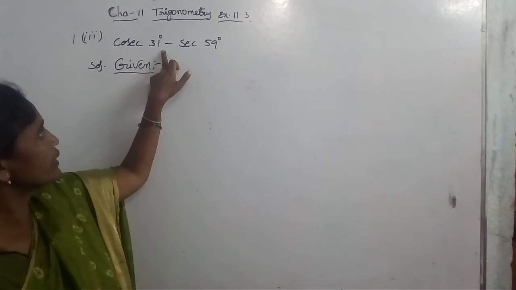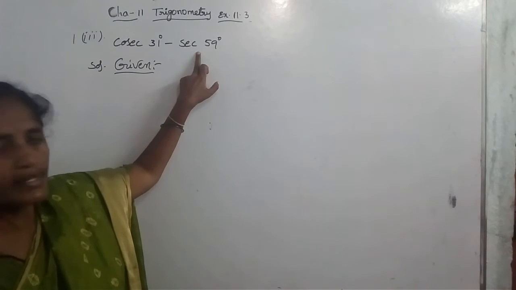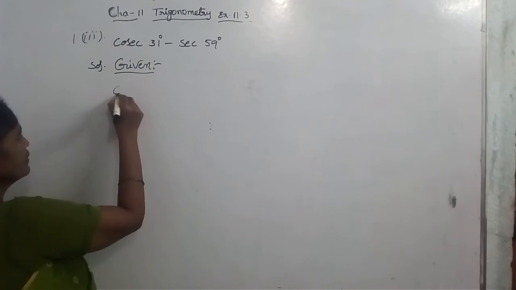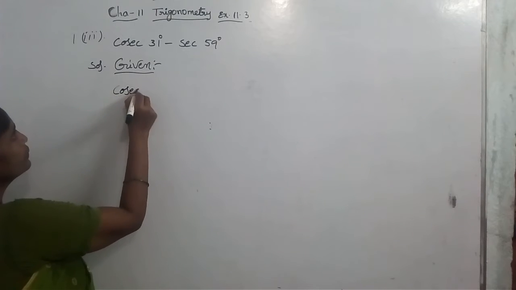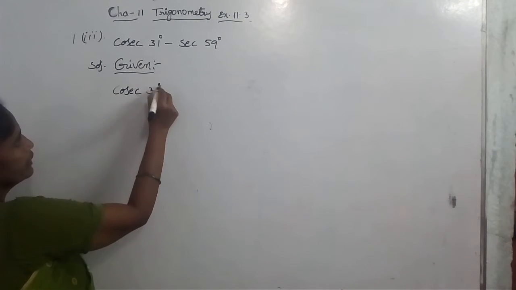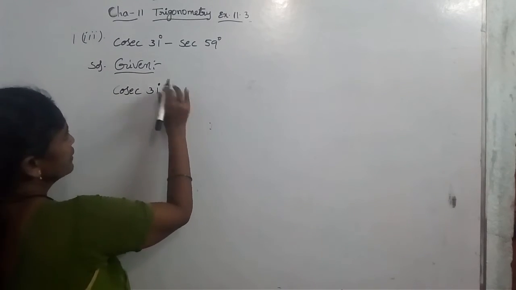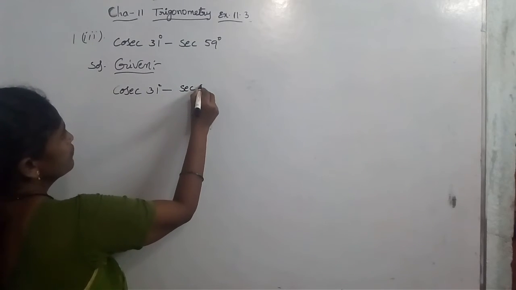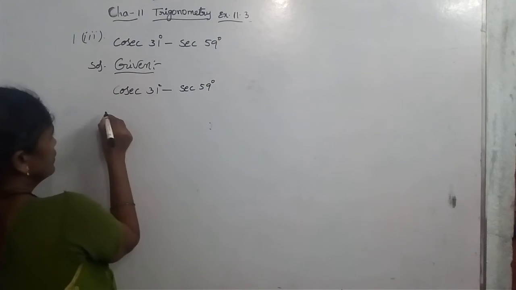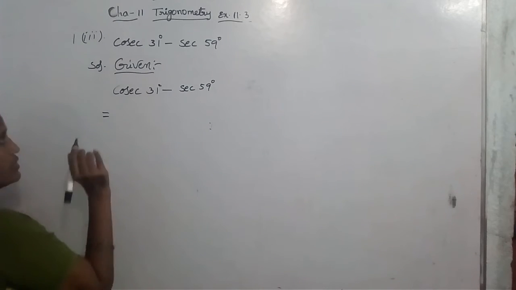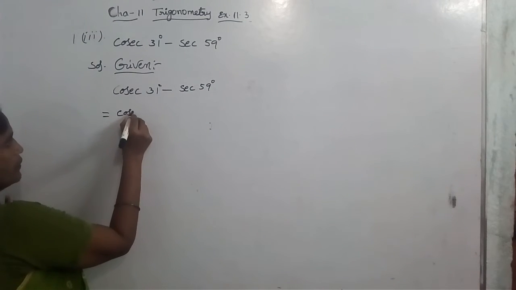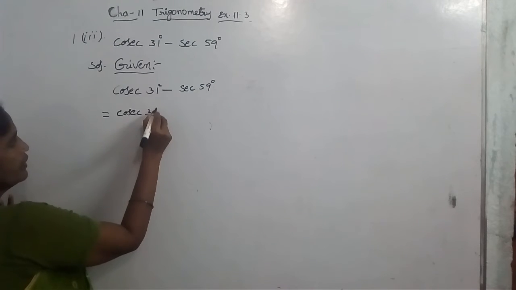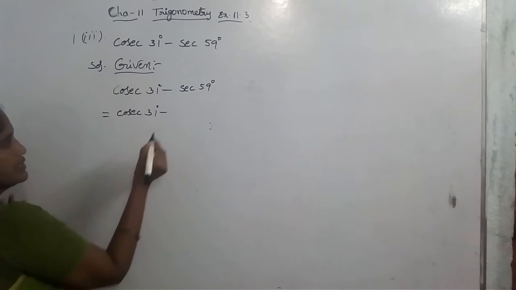Cosecant 31 degrees minus secant 59 degrees. Whatever they give, we have to write as you know: cosecant 31 degrees minus secant 59 degrees. In this also, don't disturb the first term.